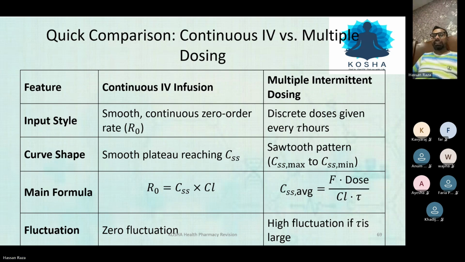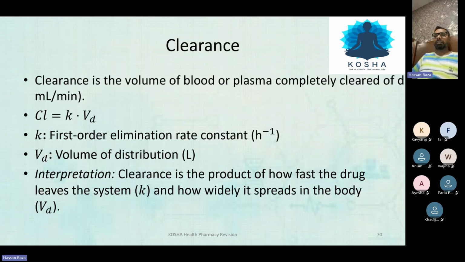There are things which are important, because if you are giving a patient a continuous IV infusion, there will not be many peaks and troughs in the patient's blood plasma. But if you are giving a multiple dose regimen or intermittent dose regimen, then there will be many fluctuations in the plasma. So this is clinically important.